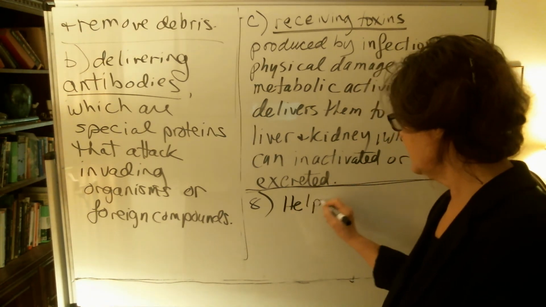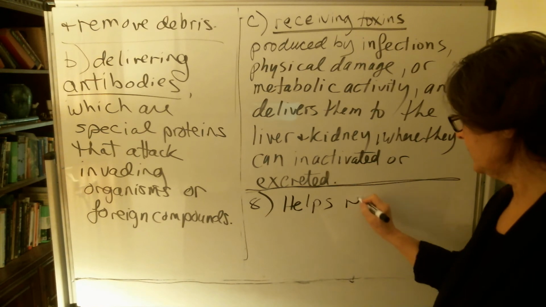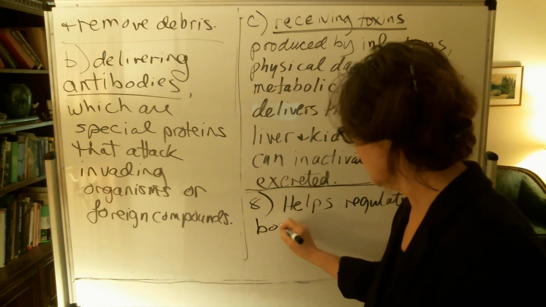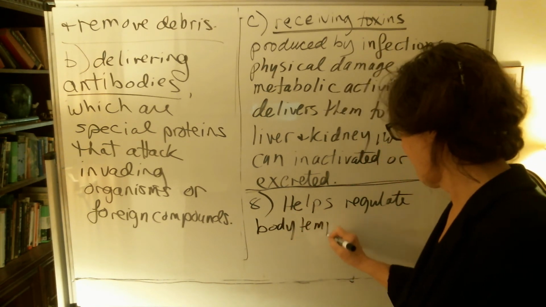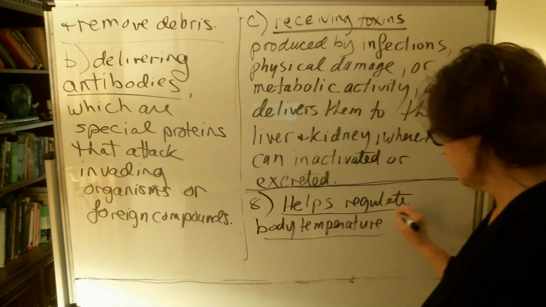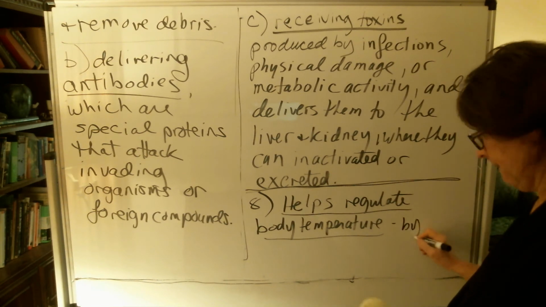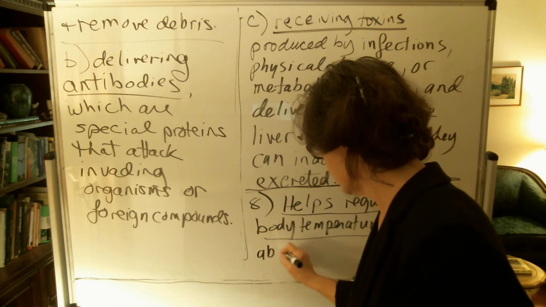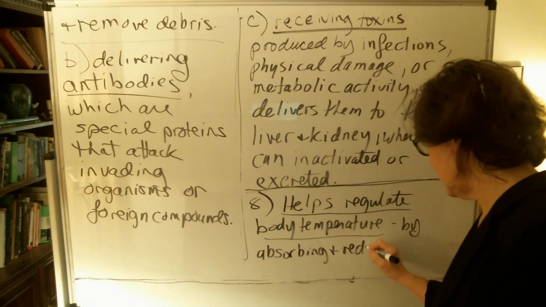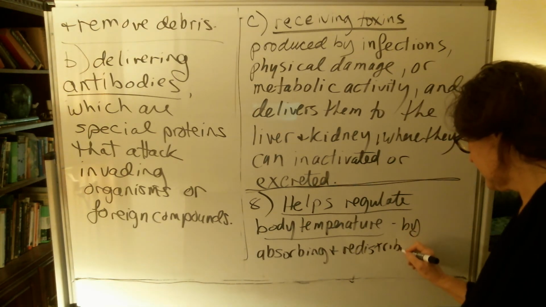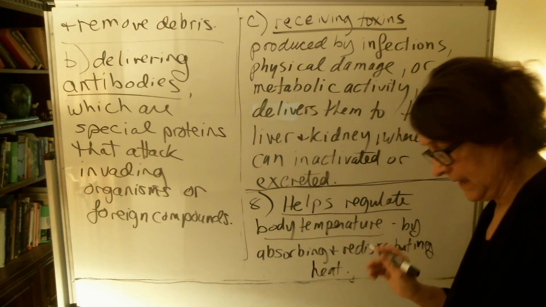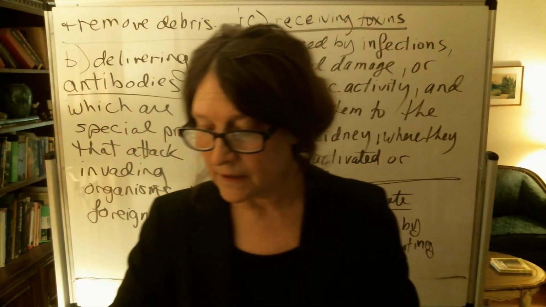And this then is that blood helps to regulate body temperature by absorbing and redistributing heat. Okay, what did I mean by that?